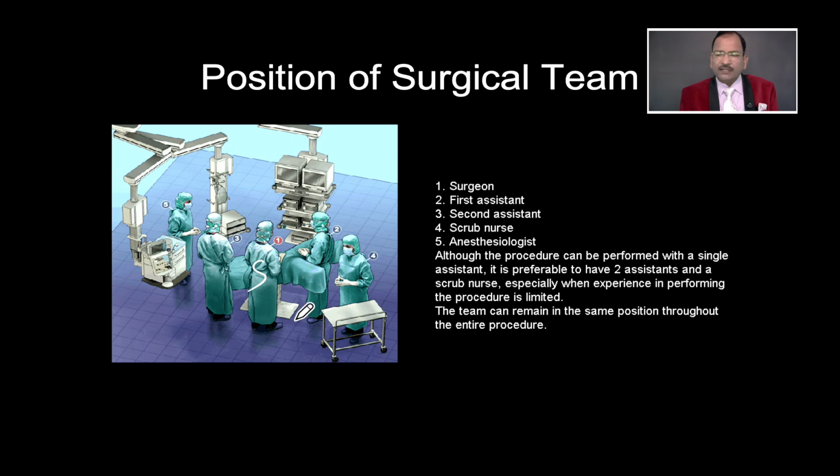And the camera person will be to the left of the surgeon. And one assistant will be opposite, in between the legs. That is also a surgeon. Why? To put the circular stapler, the gun of the circular stapler. And the scrub nurse will be here.